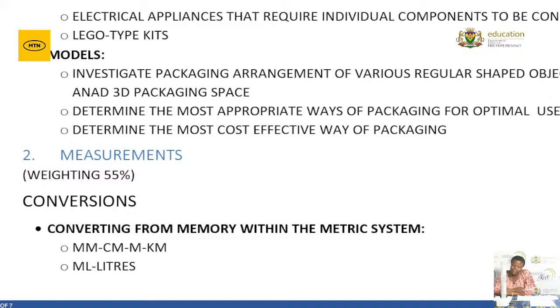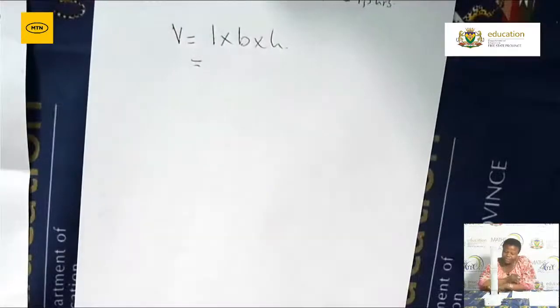So with the box, we need to know the length of the box, the height of the box, the breadth of the box, so that we can calculate the volume of that box, because the volume of the box will be length times breadth times height, so that we can find how many packets of photocopying paper can be packed in that box.